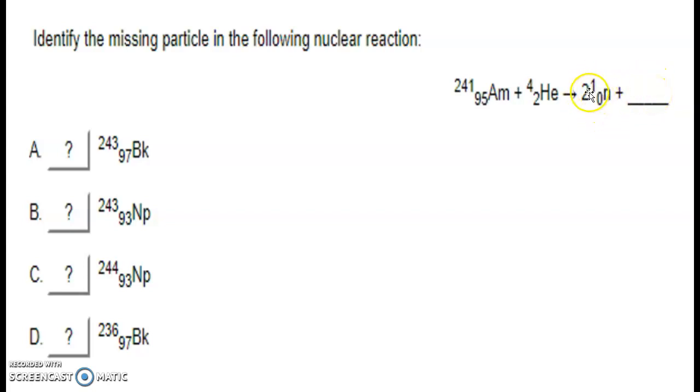So if you've got 2 neutrons out here, that means the mass number is going to decrease over here by 2, so we're going to add a americium and a helium, and so 241 plus 4 is 245, and the atomic number will become 97. So 245 minus 2 neutrons is 243, and the atomic number is going to be 97. So 243 and 97, here it is, A, our first element, berkelium.